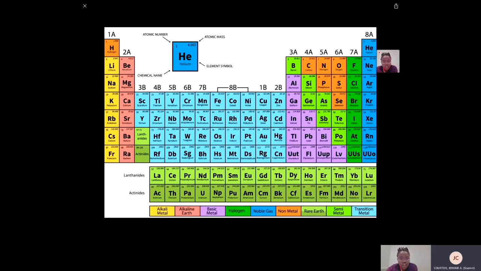From this image, I can see the atomic number as 2. I can see the atomic mass, 4.003. Of course, the chemical name is helium, with the element represented by He. So is it basically what I see that you want me to tell you, or what I know about it?